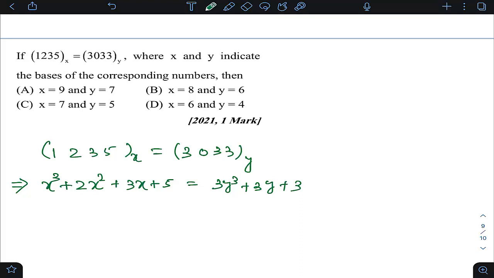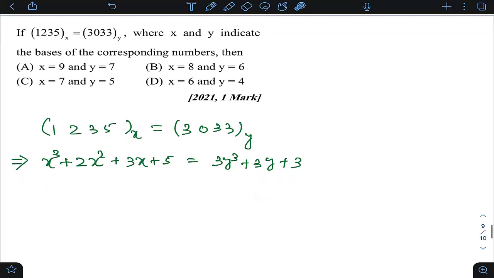So this is the equation you have. And how do you solve this equation, students? To get the values of x and y is not a small task here, because you have one equation and two unknowns, and that too a cubic equation, very difficult to solve, right? So how do you answer such a problem?